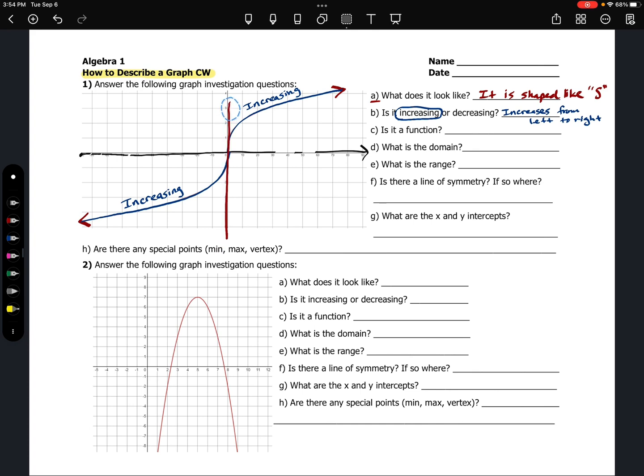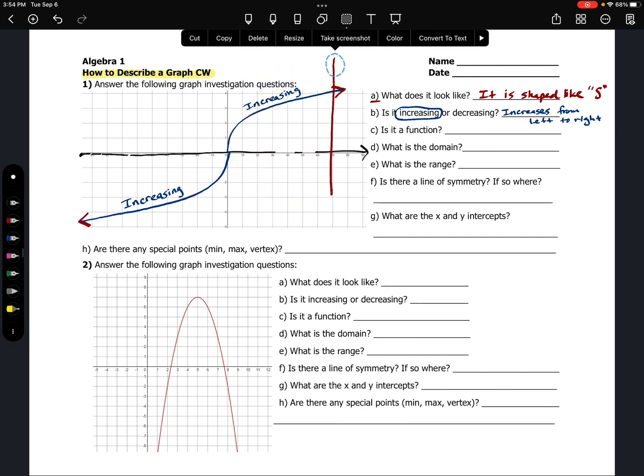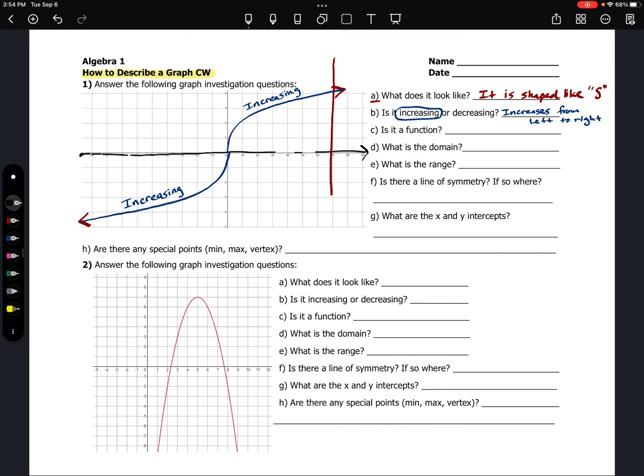Now it gets a little steep in the middle, and it might be hard to determine there that, oh, are there points above and below each other? But I'm going to tell you that there actually aren't. And then as we continue up here, it only intersects our graph in one place. So, yes, this is a function. You could even list on there it passes the vertical line test.